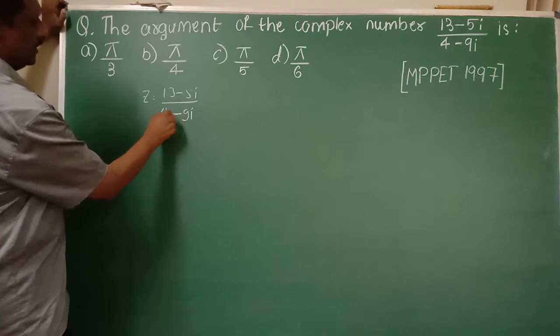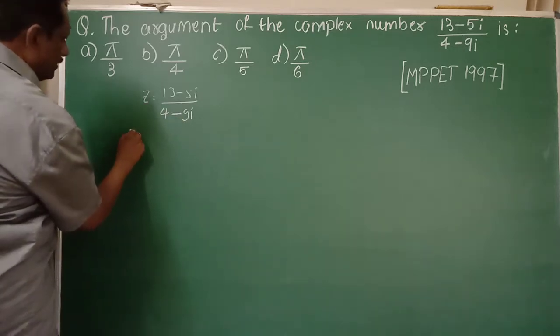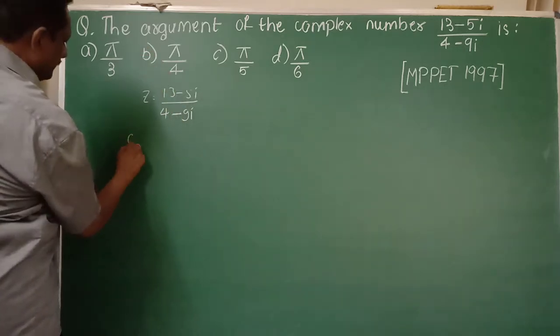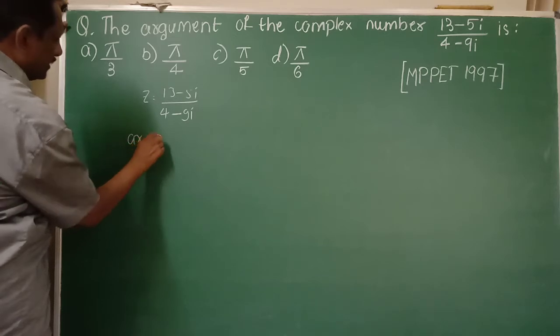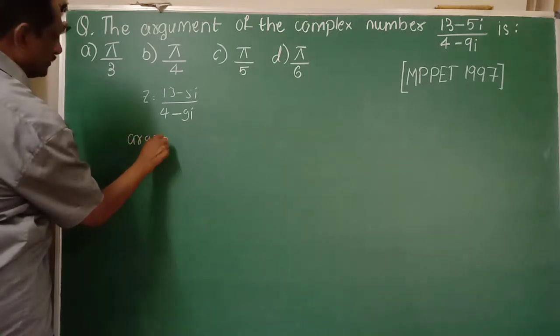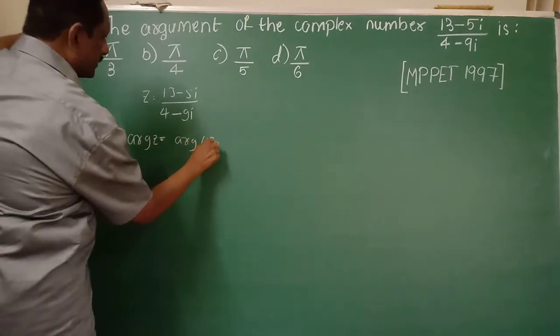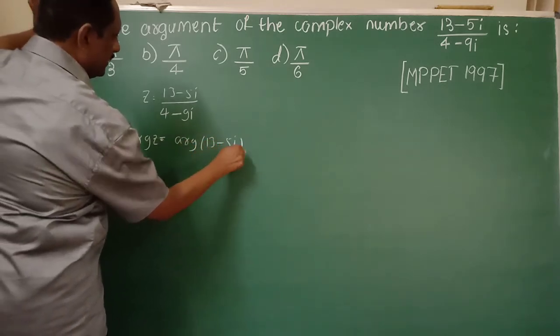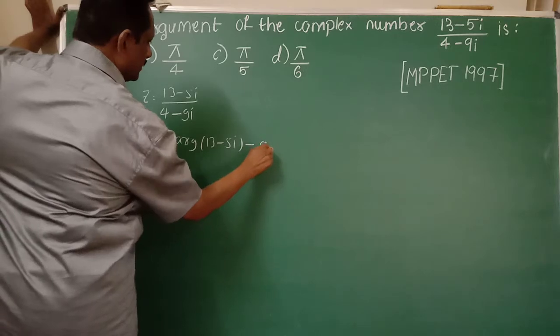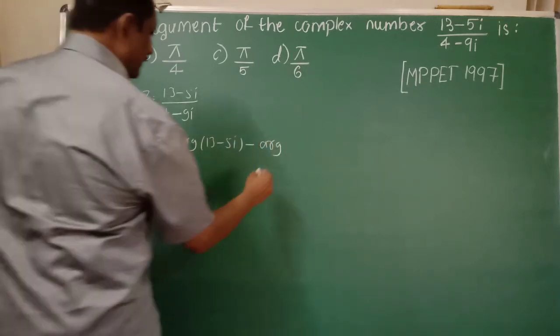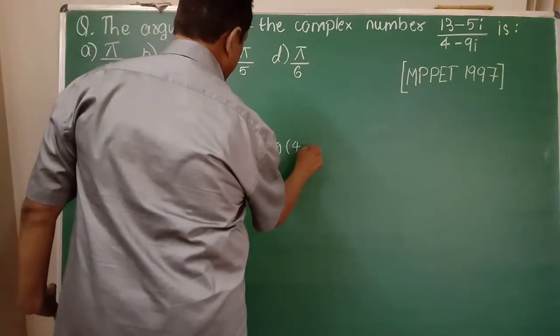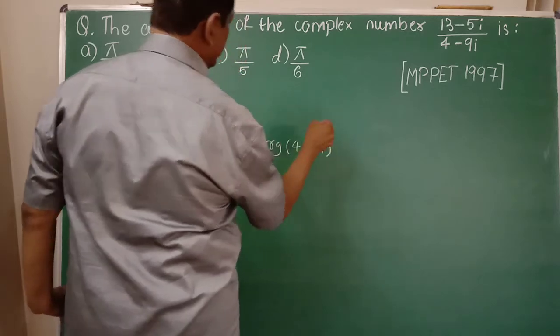Therefore, amplitude or argument here. Argument of the complex number Z is equal to argument of 13 minus 5i minus argument of 4 minus 9 into i.